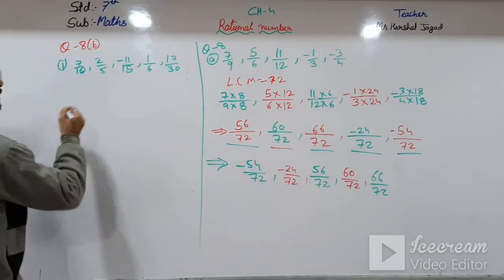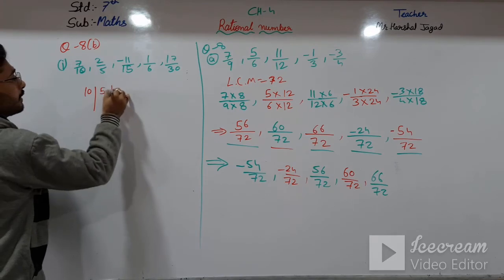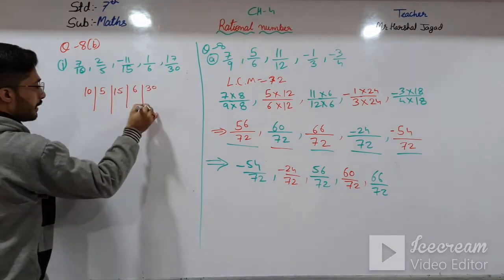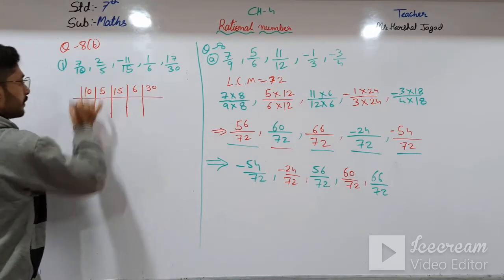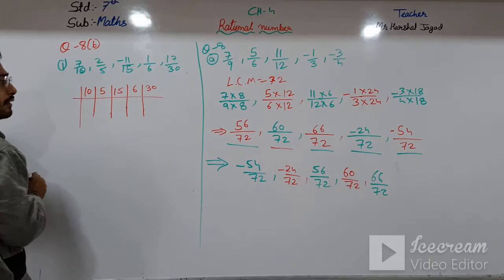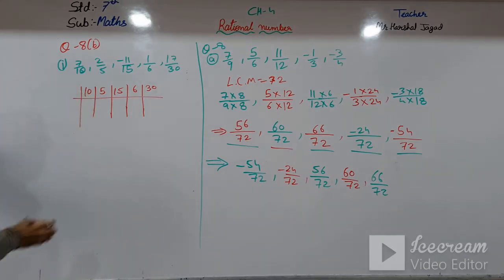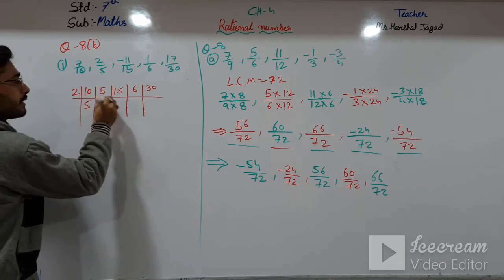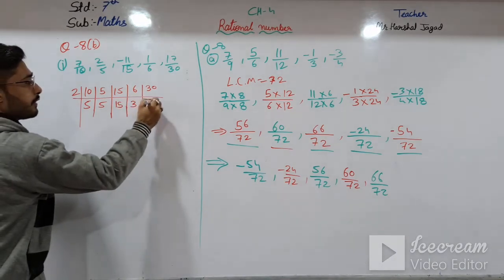Let us find it. 10, 5, 15, 6, 30. Starting with 2, no, we will start with 3 only. 2 5s are 10, 5 as it is, 15 as it is, 3 5s are 15.